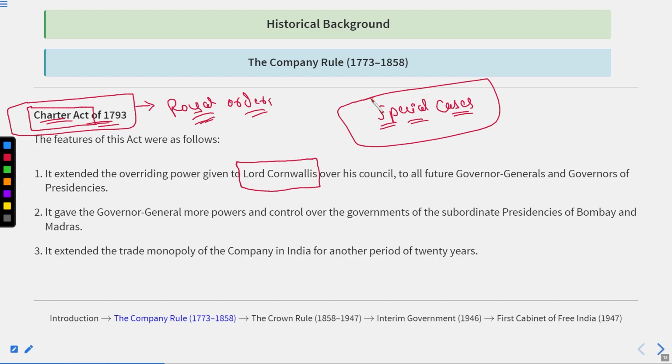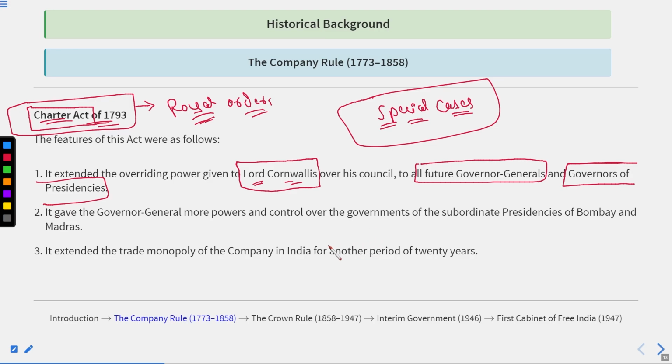So a similar power was granted to all the future governor generals who would be appointed after Lord Cornwallis and the governors of the presidencies as well. So that is the first provision of this act.